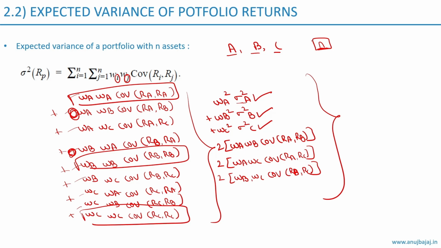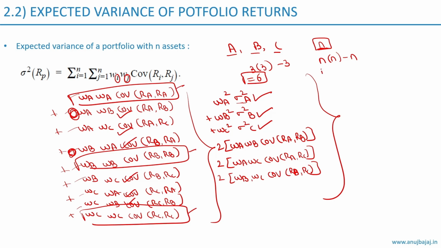And in a portfolio with n assets, we have these many covariance terms. So in a 3-asset portfolio, we have 3 multiplied by 3 minus 3, which is 6 covariance terms. If you see, we have 1, 2, 3, 4, 5, 6. We have 6 covariance terms and these are the variance terms.